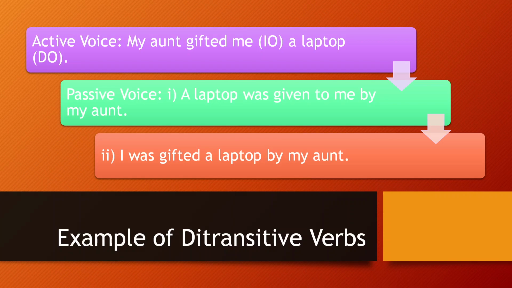So with the direct object in the subject position, we will have a laptop was given to me by my aunt, and the indirect object in the subject position will give us, me will become I. I was gifted a laptop by my aunt.